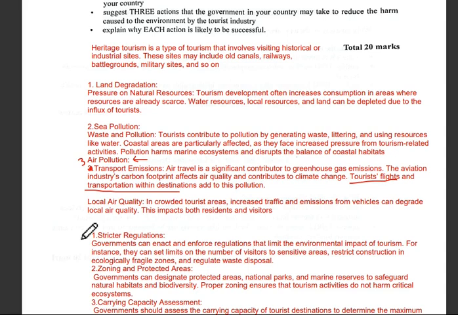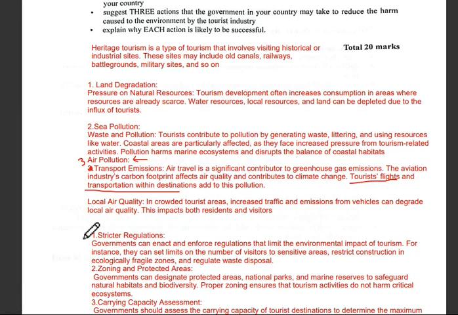Restrict construction in ecologically fragile zones and regulate waste disposal. So that could be the stricter regulations the government could take to reduce the harm caused to the environment by the tourist industry. So that would be one.